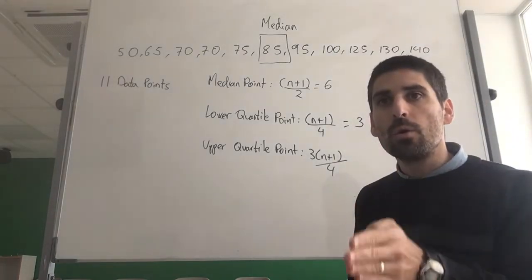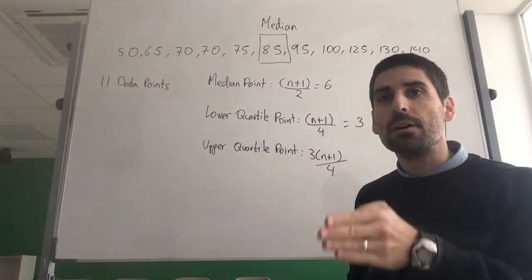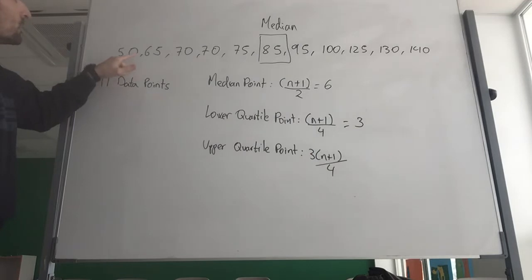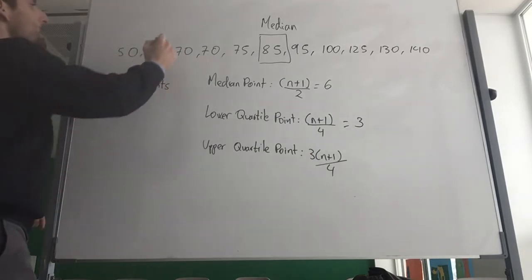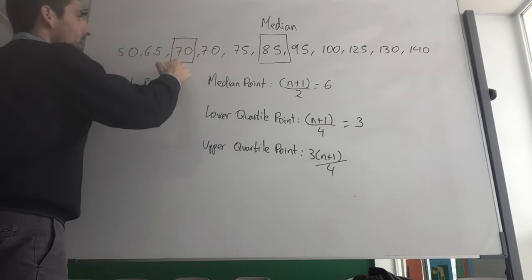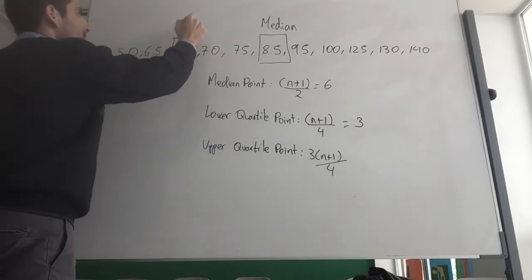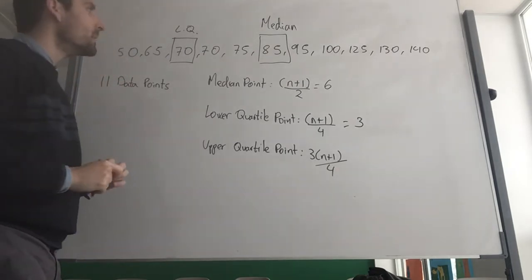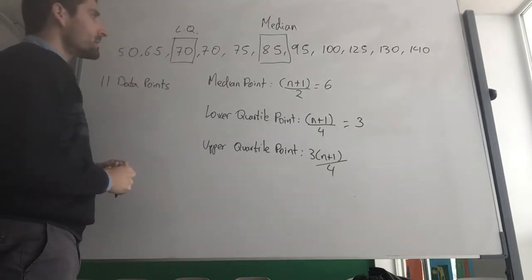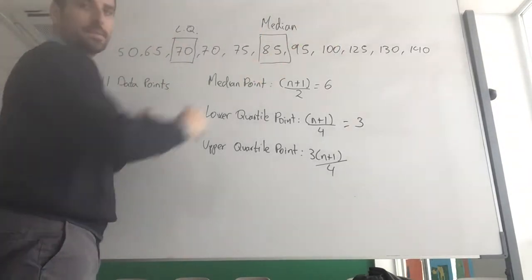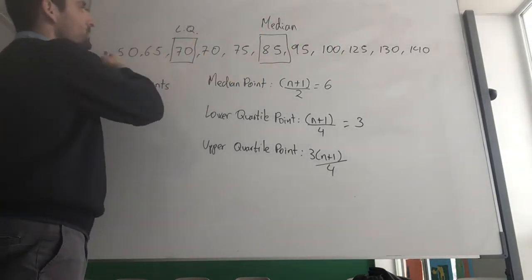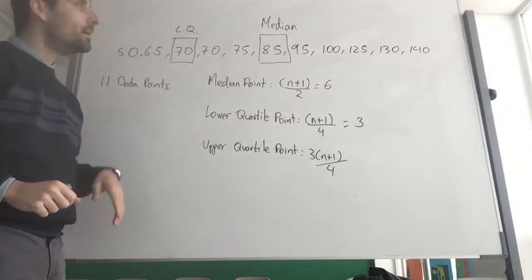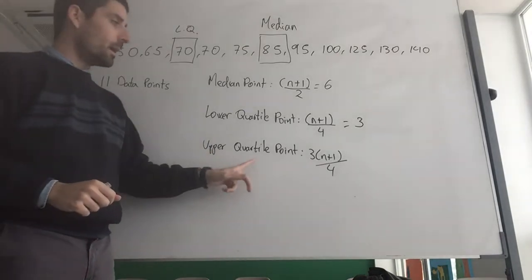So the lower quartile point is the third data point. If I count now, 1, 2, 3, that number there is the LQ, the lower quartile. So, first, I split the data in 2 halves. Then I take that first half and split it into 2 equal halves, because I've got 2 data points there and 2 data points there. And now, I'm going to find the upper quartile.